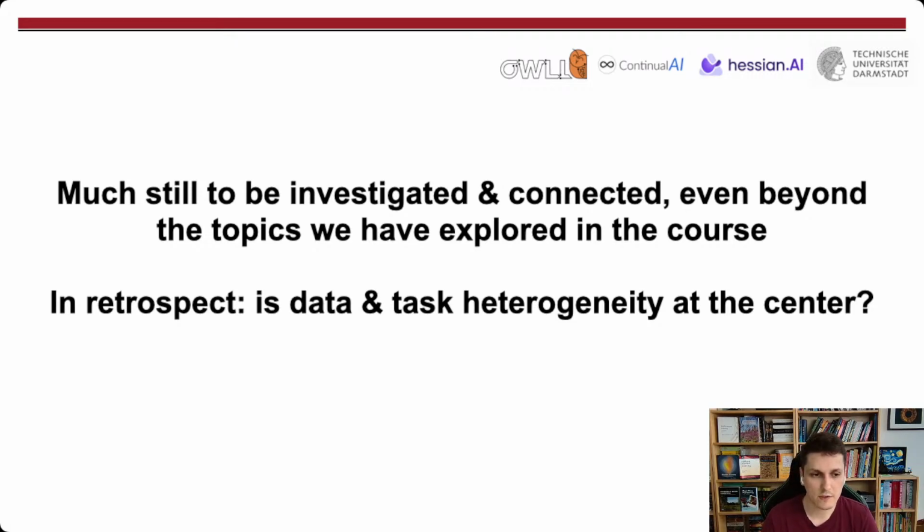Surely when data is distributed independently and identically, and it is homogeneous, then the world is, I wouldn't say easy, but definitely way easier than the ideas that we've talked about in the lecture. A lot of the challenges really started arising when we accounted for data and tasks being able to drift and change.